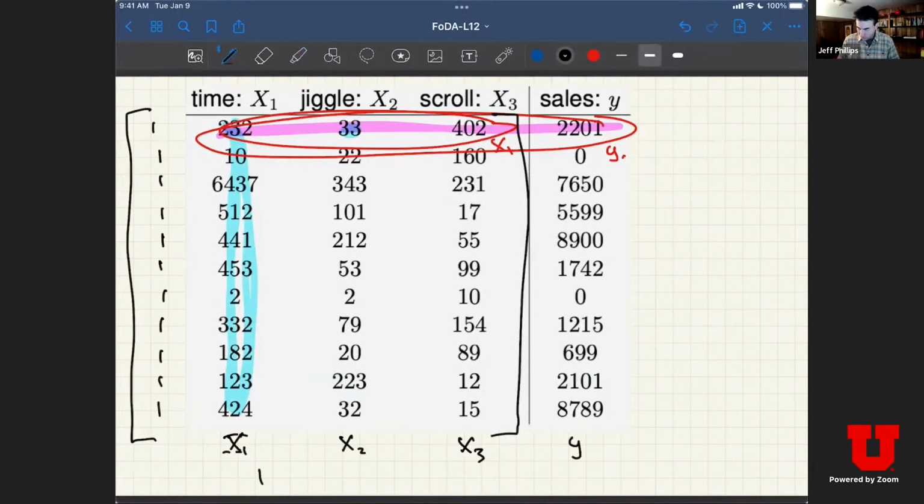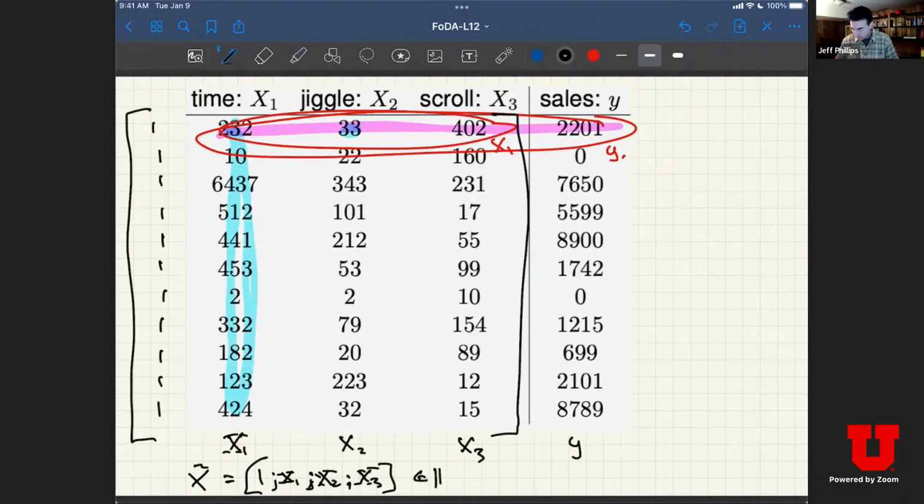So this 1, X1, X2, X3, this will be a matrix. I'll call this X, so X tilde, right? The input was just the columns 1, 2, and 3, but now I've added one column in front of it.